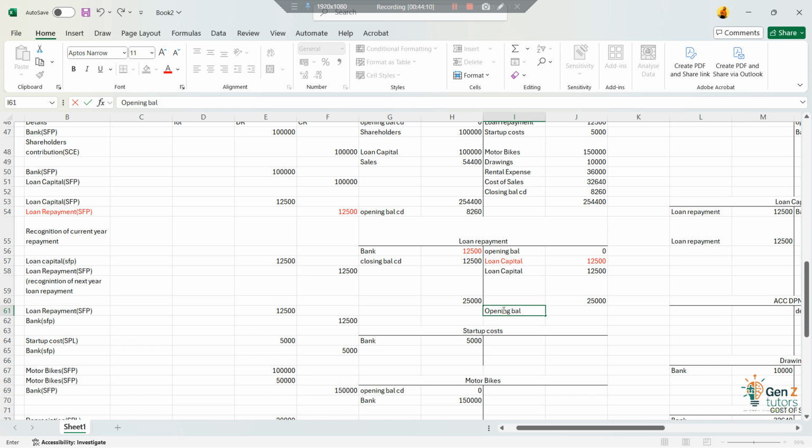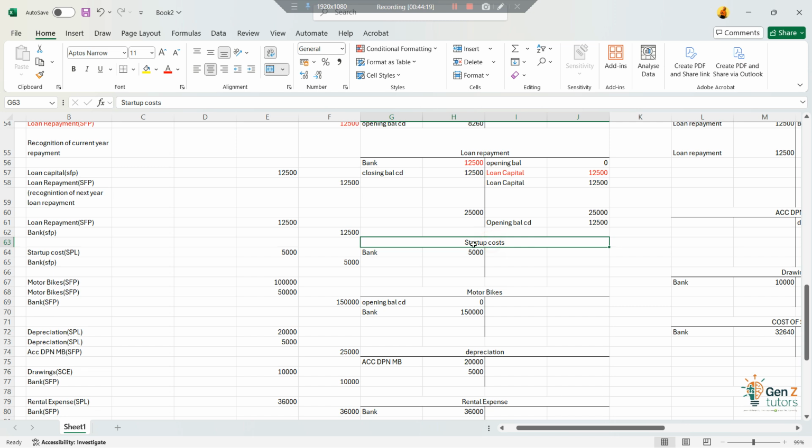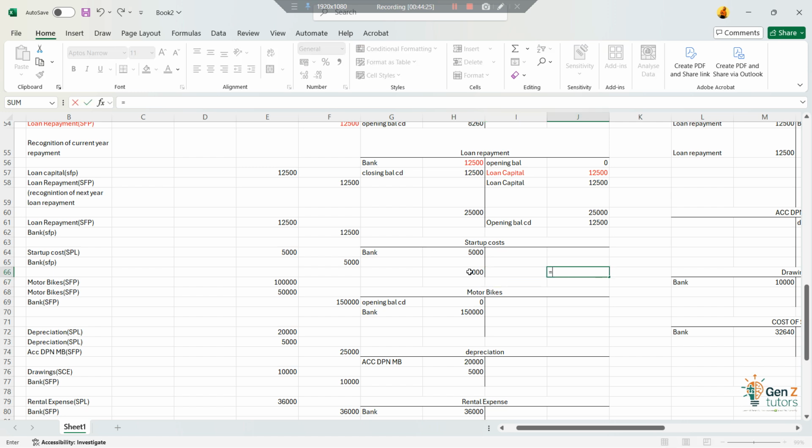Then obviously we're gonna sum this side, sum of everything here, and then it's gonna be equal to this. And then we see our closing balance to balance everything off. Closing balance carried down. We have what? This minus this. Then we have 12,500, which is gonna be our opening balance for next year.